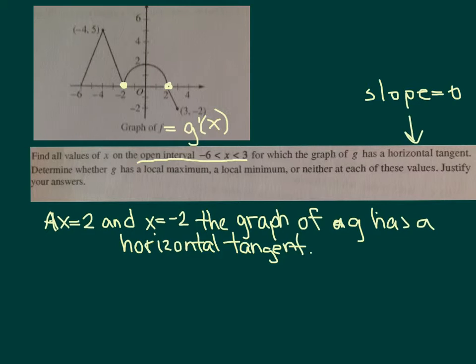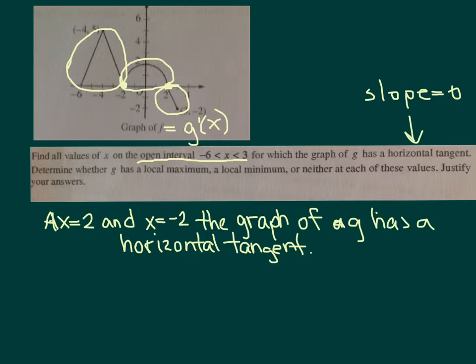So we notice here at -2, you'll notice that the g prime is positive, g prime is positive, and then g prime is negative. So at -2, there is not a max or minimum because g prime does not change signs.